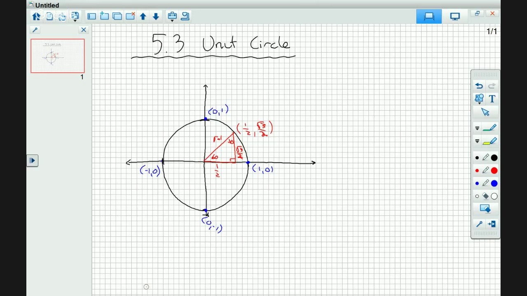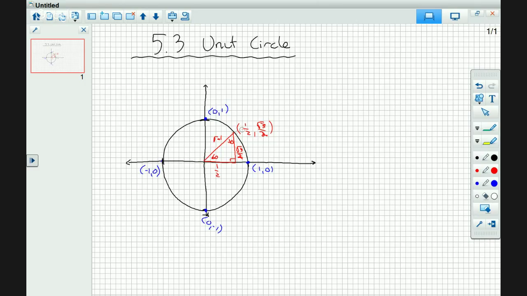Okay. Look at your papers from yesterday. Can anybody tell me what the cosine of 60 degrees is? What's the sine of 60 degrees? Look at that.